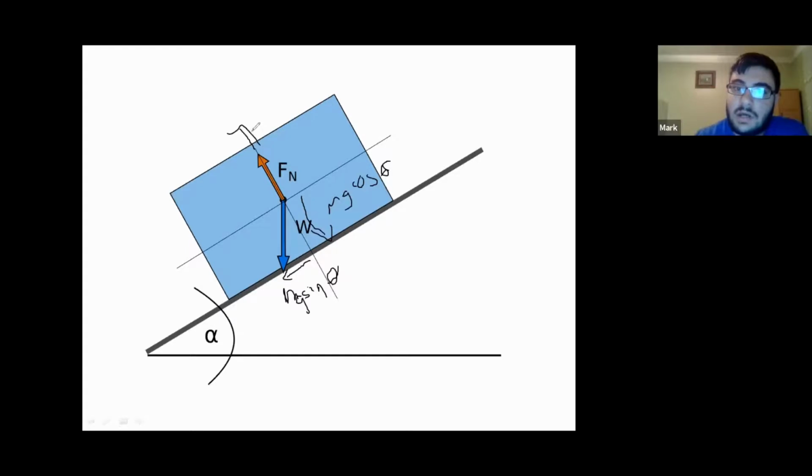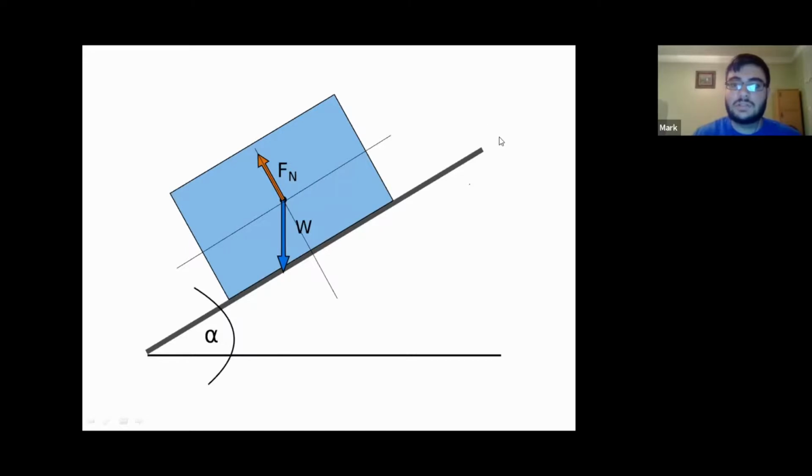It's not accelerating at all on this plane. And that means the net acceleration is 0. That means the net force is 0. That means whatever this component of weight is, the mg cosine theta, the normal force has to be equal to it, just in the opposite direction, right? Because they have to cancel out to make 0. So if this is mg cosine theta, this also has to be mg cosine theta, just going in the opposite direction. That's how we figure out what the normal force is.